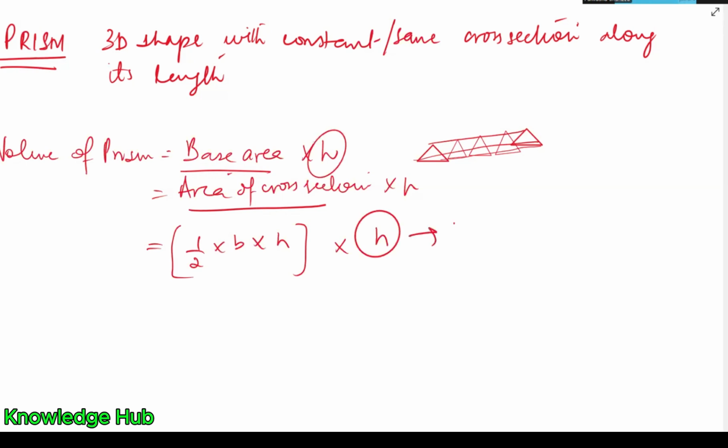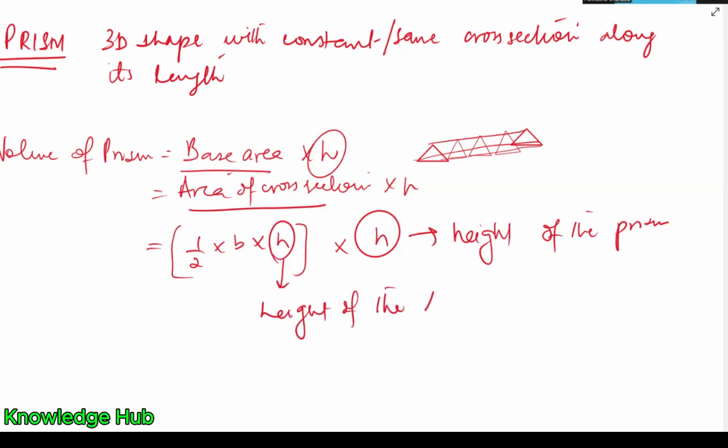So this is the base area times the height, where this is the height of the prism and this is the height of the triangle. Do not get confused: one is the height of the prism, the other is the height of the triangle. Let me clear this again.